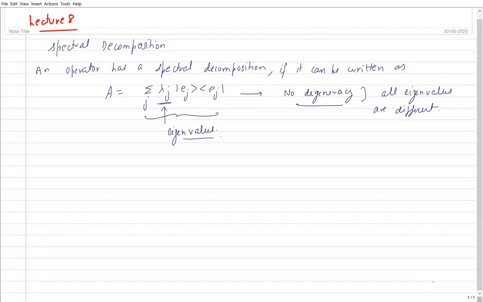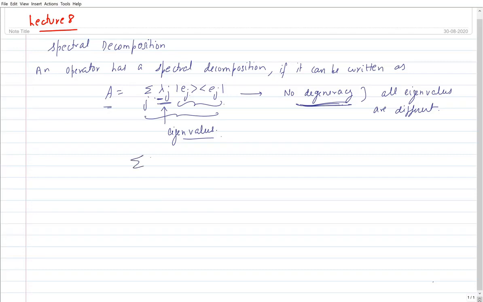So it can be written as eigenvalue and the projector, where each of j's are the eigenvectors in this case, when there is no degeneracy. This is the spectral decomposition. We are breaking down an operator into its eigenvalues and the projectors on the eigenspace. So this is going to be a rank 1 projector on the eigenspace in case of no degeneracy.